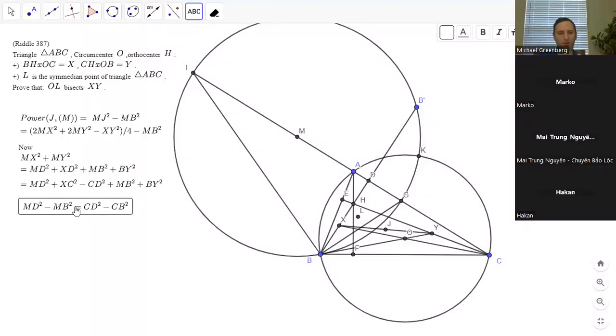Wait, I think I'm missing something, because now I'm just getting that BY squared equals CX squared, or that we have to prove that. And I don't think BY does not equal CX. So something is going on. Oh, I think I might see what's going on.